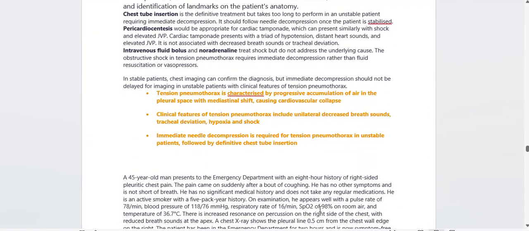Tension pneumothorax is characterized by progressive accumulation of air in the pleural space with mediastinal shift causing cardiovascular collapse. Clinical features include unilateral decreased breath sounds, tracheal deviation, hypoxia and shock. Immediate needle decompression is required for tension pneumothorax in an unstable patient, followed by definitive chest tube insertion.